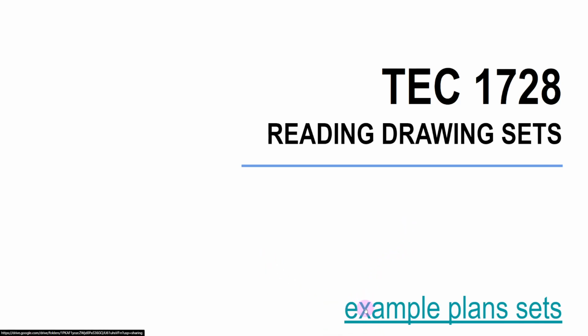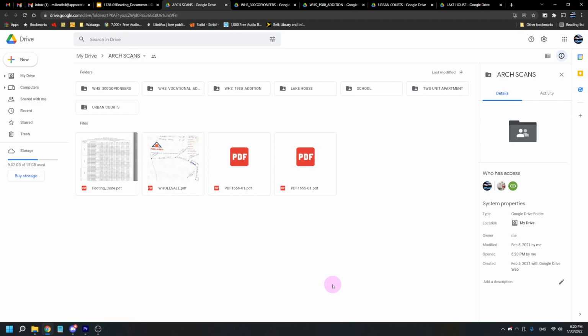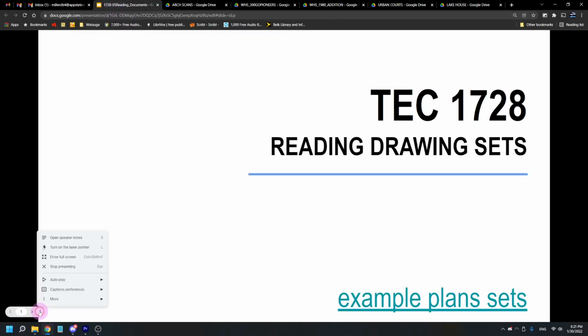Linked right here in the presentation, and you can find this presentation on As You Learn, is a link to a Google folder that has several other folders in it with all different sets of plans, because we're going to look at quite a few of them to really understand that some things you can make stylistic choices about, straying from the exact standard, but it's still important to follow the standards that are set forth by the NCS, or the National CAD standards, because that is what everyone is following.